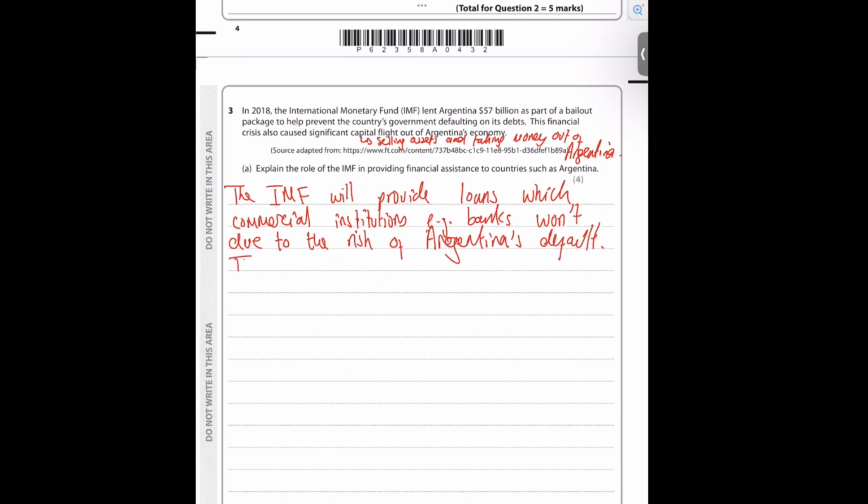So, yeah, the IMF provided $57 billion. Always need some application, just quoting what they've given you already.